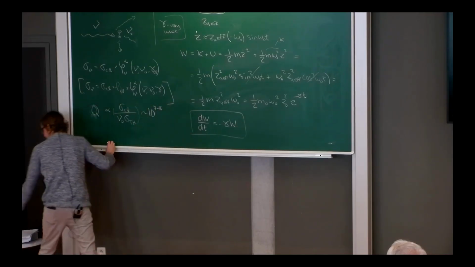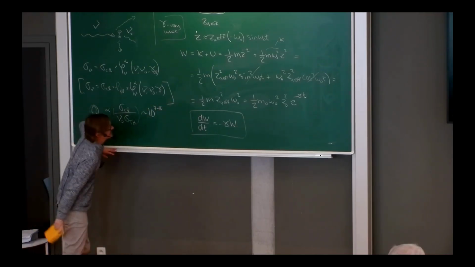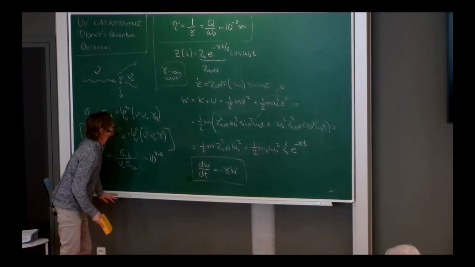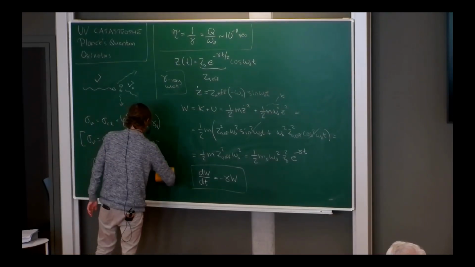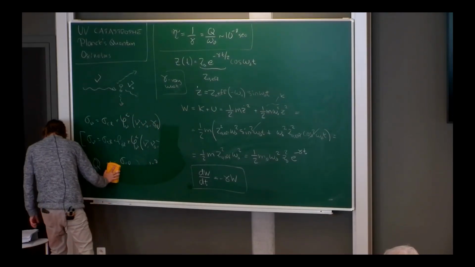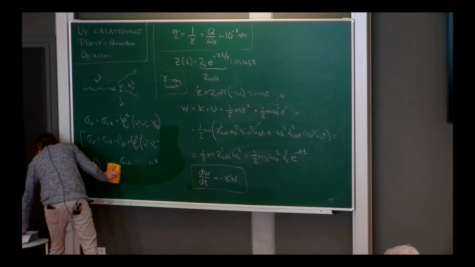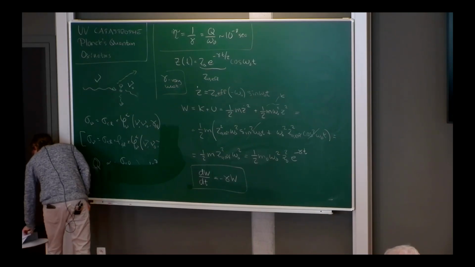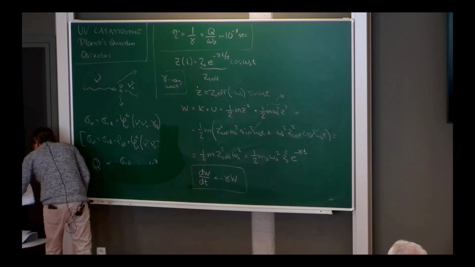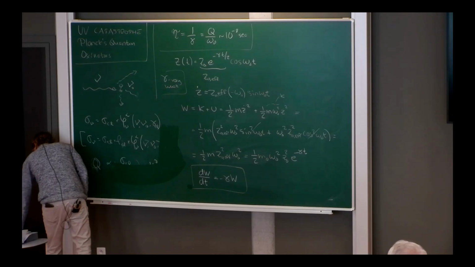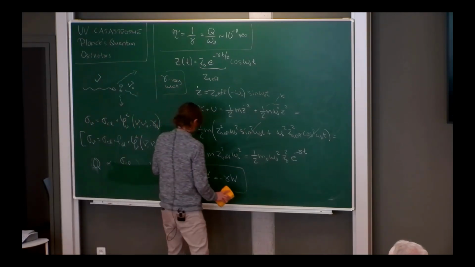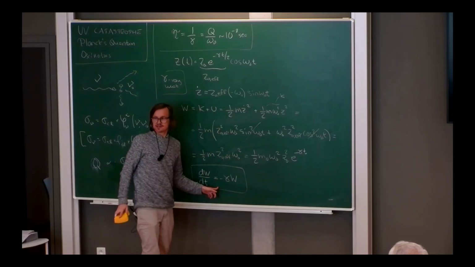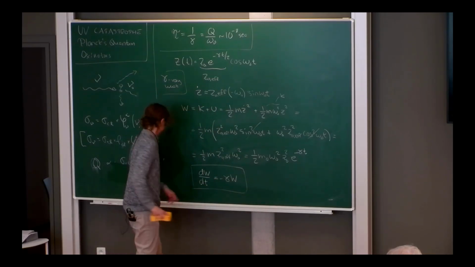So the energy of the oscillator just decays according to this. And that's where I was going with this, because that's what we're going to use now. We remember this, so I can take it away, okay?